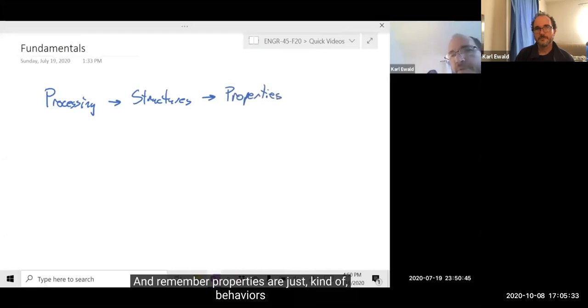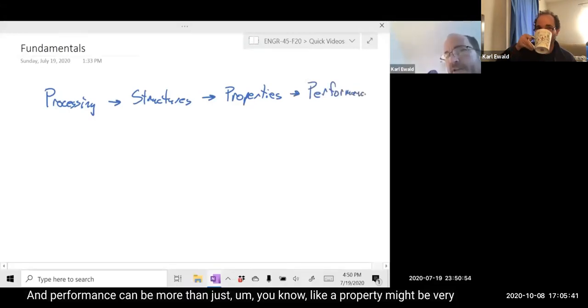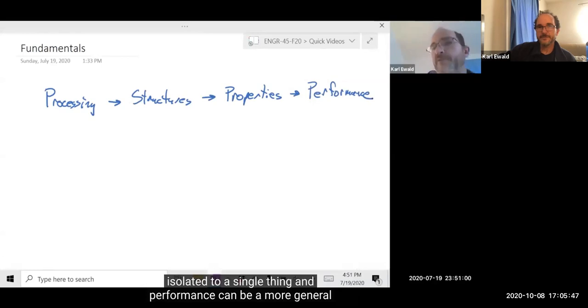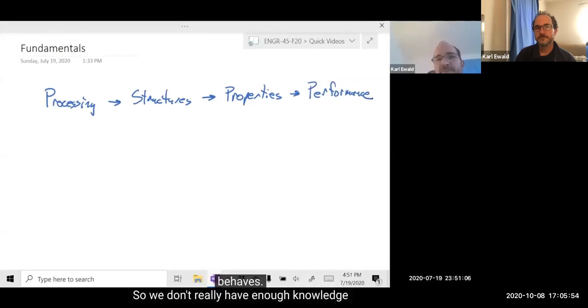And remember, properties are just behaviors. And those can lead to different performance characteristics. A property might be very isolated to a single thing, and performance can be a more general assemblage of different properties that come together in how the whole material behaves.